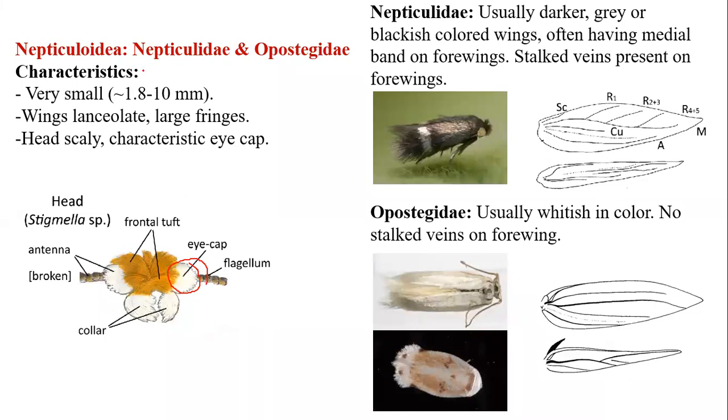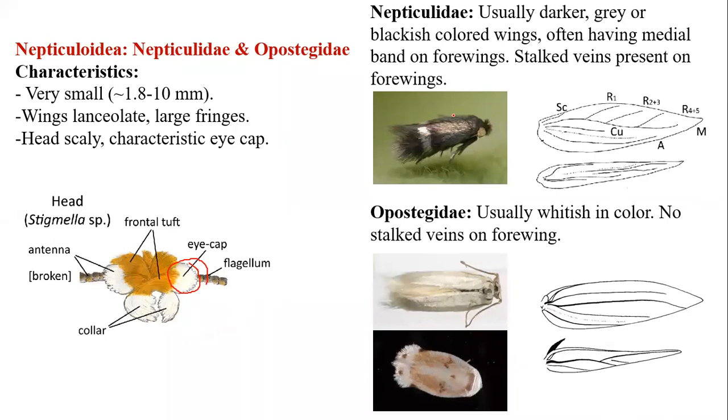Okay, this superfamily consists of two families. We already have learned about this, the family Nepticulidae and Opostasidae. Now the question is how to differentiate these two families. Okay, this is not always easy, because we all know that moths like to deceive us based on their appearance.